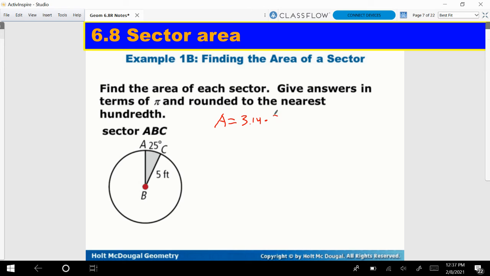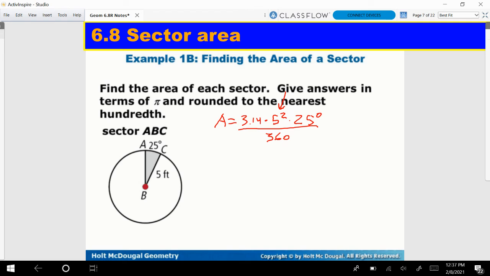So we're going to have 5 to the power of 2, times the measure of the arc, 25 degrees, all over top of 360. Okay, there's all the numbers we need in the formula. Remember to calculate 5 to the power of 2 first, and then multiply everything.